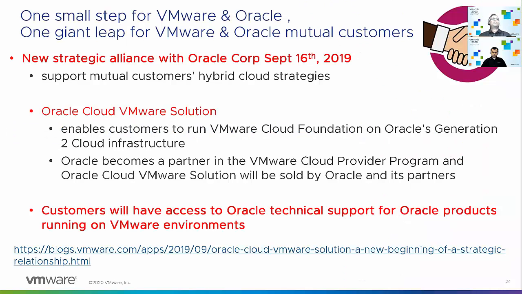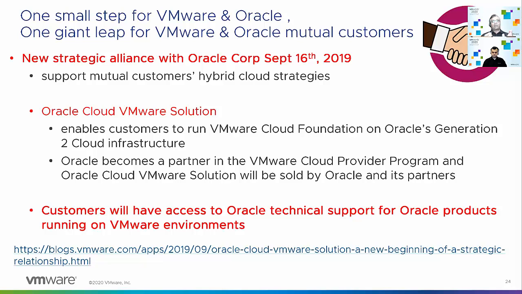Or if I can just take a minute, let me talk quickly about the new strategic alliance before Faisal steps in. So on September 16, 2019, two great things happened. First was a strategic partnership struck between Oracle and VMware. Essentially, there were 2 offshoots.